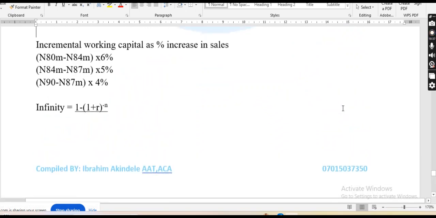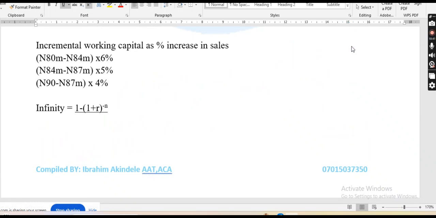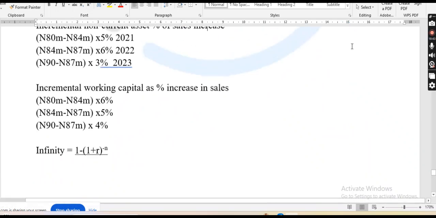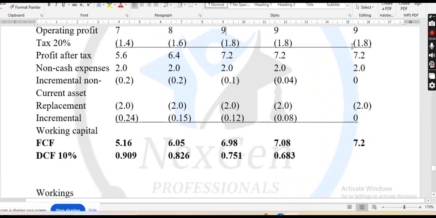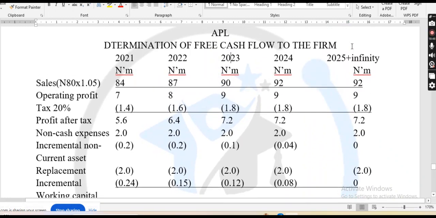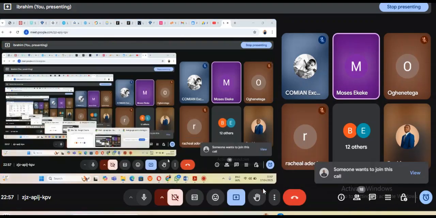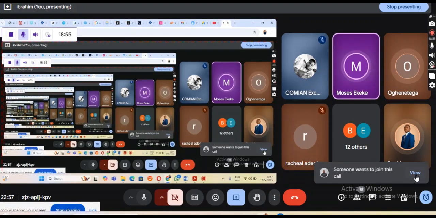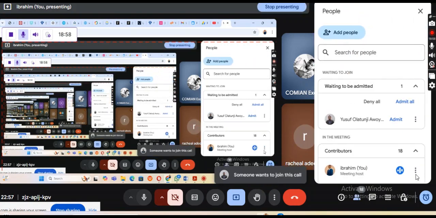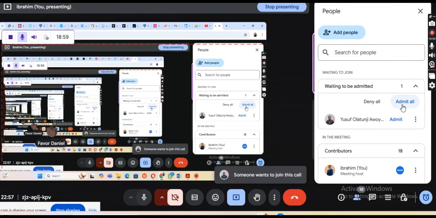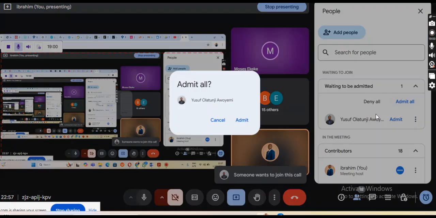Sorry, sir, I thought we are supposed to use the same DCF for year 4. No, we can't use the same DCF, sir, because this is beyond. So the DCF should be different from the normal one.